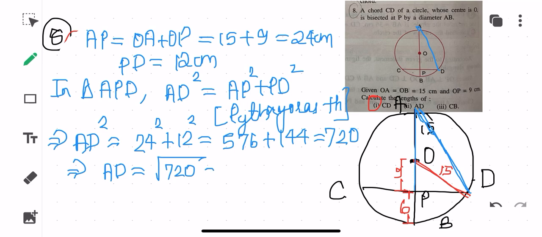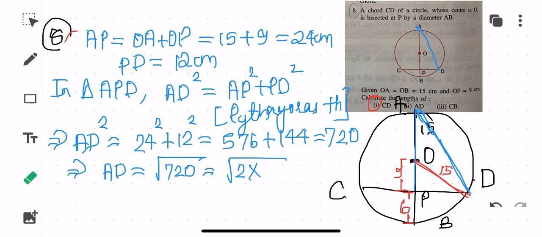So this is how you are going to find this, children. For calculating this, 720 upon prime factorization is going to give you how much? This is going to give you 2 into 2 into 2.